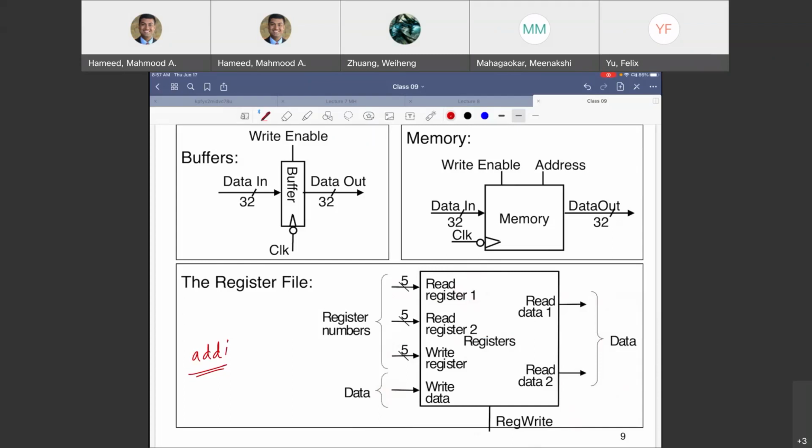When you're doing load, the source is coming from the memory. So we will have another 2:1 mux, which will be used to select the contents that are going in here. Are they coming from ALU or are they coming from memory? So we'll have another mux at the very end of our datapath.